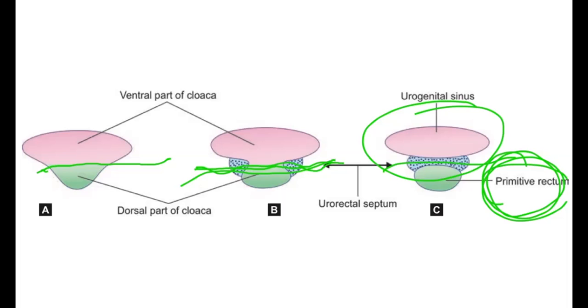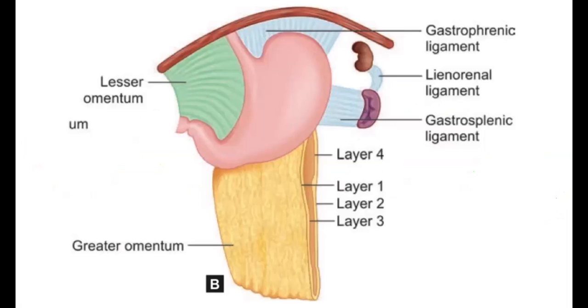At the same time, intestines also grow very fast. Because there is no space, intestinal loops herniate through the umbilicus. It is called physiological herniation, right? So this is the liver here, liver.